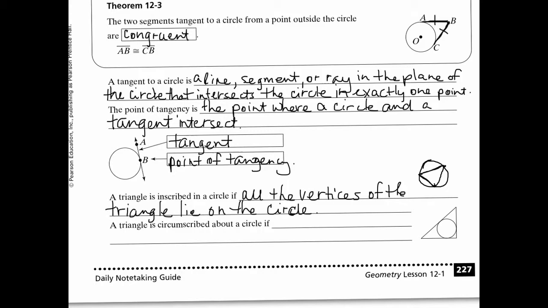And then the next one, a triangle is circumscribed about a circle if each side of the triangle is tangent to the circle.